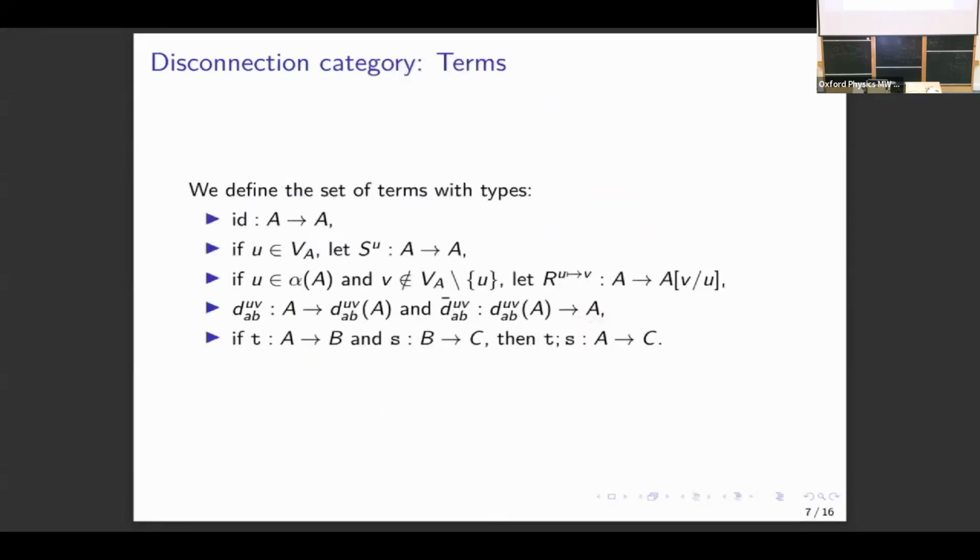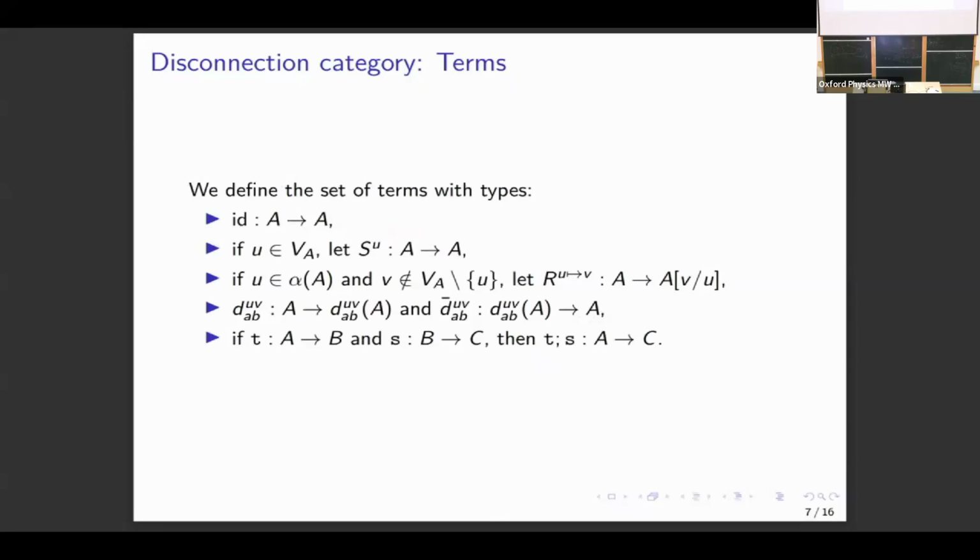the objects are still the labeled chemical graphs. The terms are generated by these 5 elements, and I would say the only chemically meaningful one is really this 4th one. As you can see, D ranges over the disconnection rules.